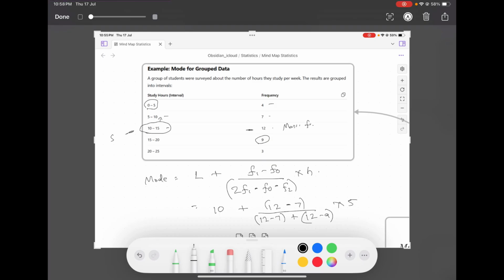So from here the difference is 5. If you calculate this, you will get 13.13.